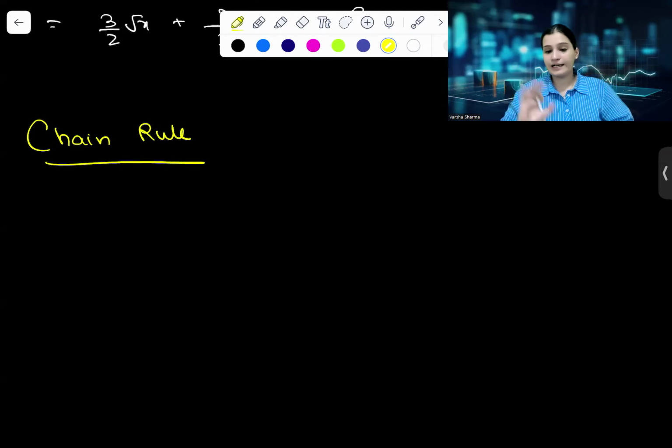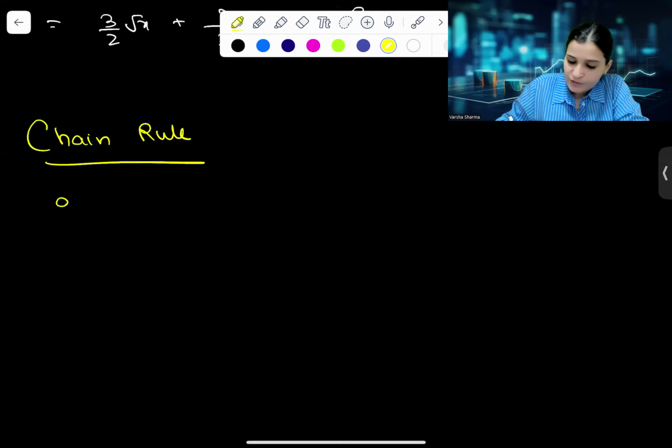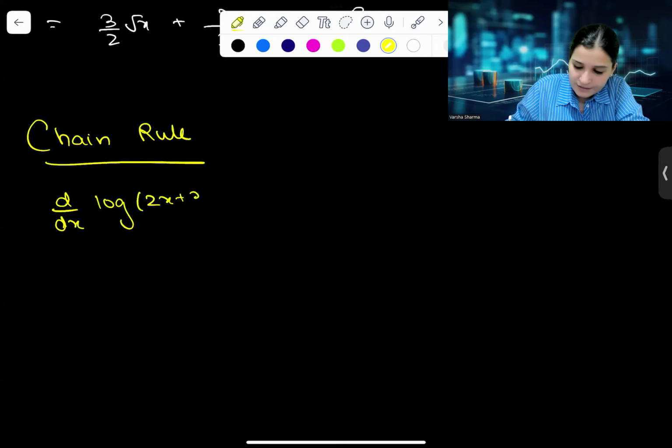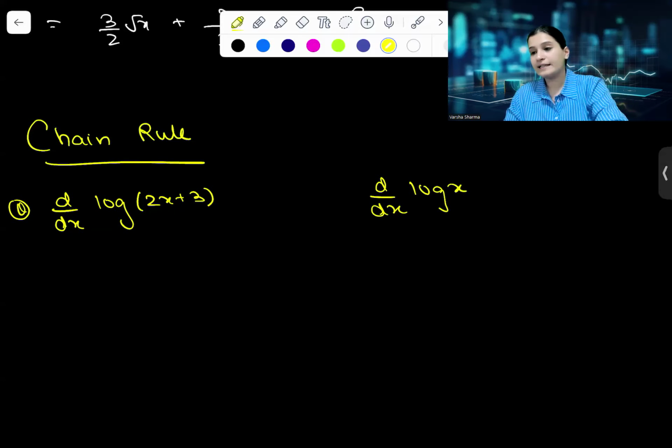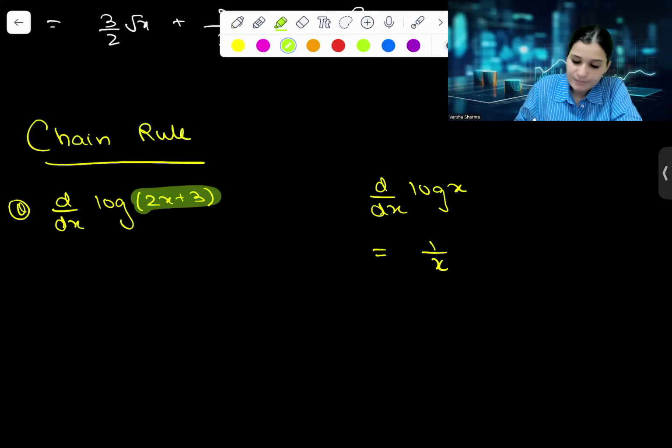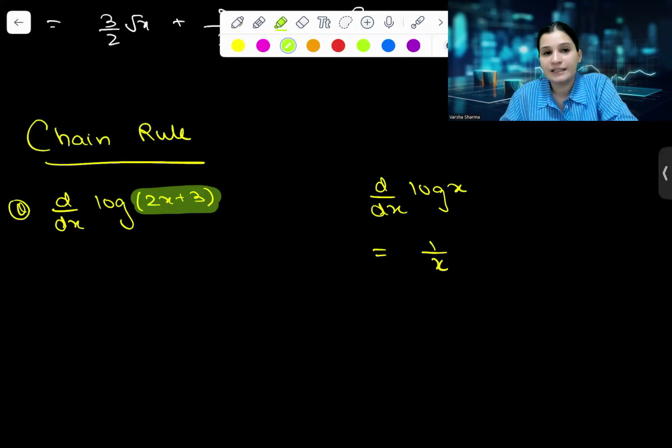हम क्या करते हैं? Understand. So suppose I ask you differentiation of log 2x plus 3. ठीक है, सो जो क्वेश्चन है ना वो ये वाले फॉर्मूला से होगा, differentiation of log x, एकदम सिमिलर लुकिंग सम्स है. So we know for a fact कि log x का differentiation क्या होता है? 1 by x. तो ये सम जो है वो log x जैसा ही दिख रहा है. बस मेरा x की जगह दूसरा टर्म बैठा है.